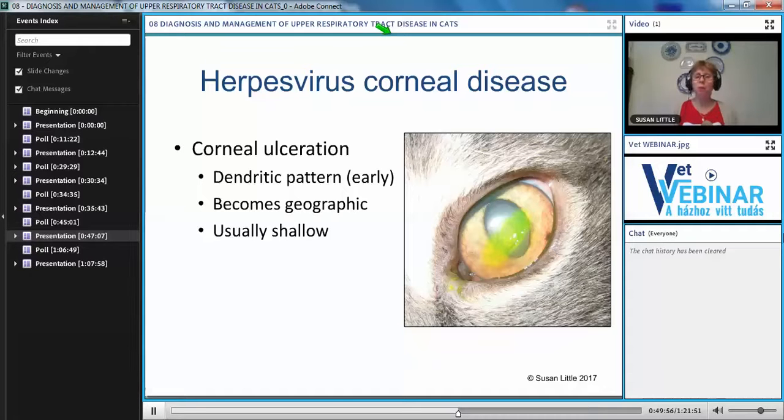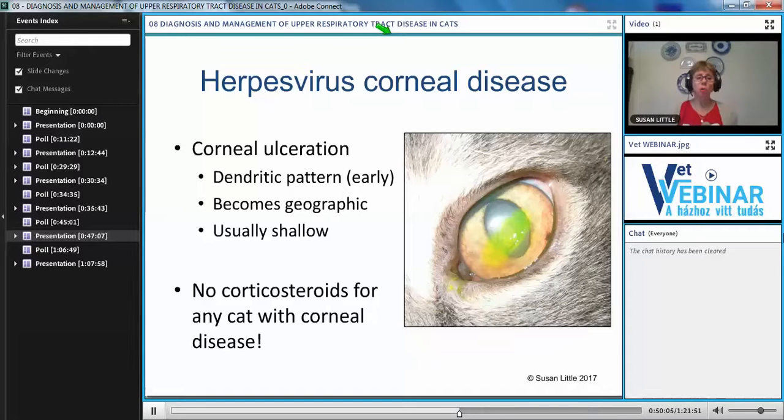So the number one cause of corneal disease in the cat and a common cause of conjunctivitis is herpes virus. So a good rule of thumb is you would never put corticosteroids in the eye of any cat with corneal disease or conjunctivitis either. I would say it would be a very rare case that would benefit from corticosteroids.